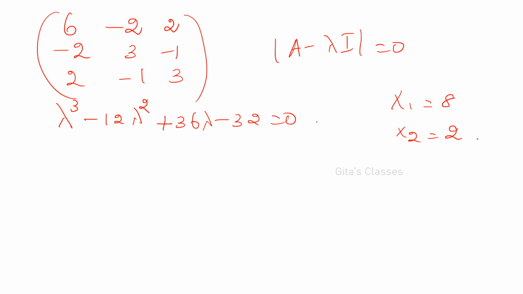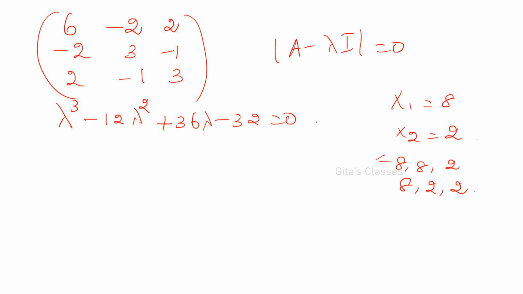But we want 3 values, right? We got a cubic equation and we got only 2 values. That means whenever you get like this, one of them is a repeated root. So either 8 can be repeated or 2 can be repeated. So 8, 8, 2 or 8, 2, 2.